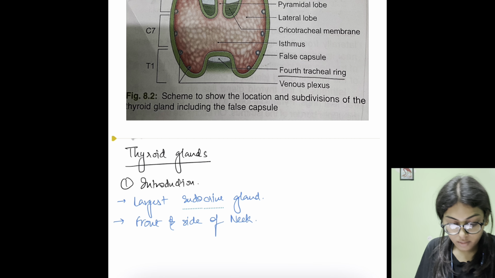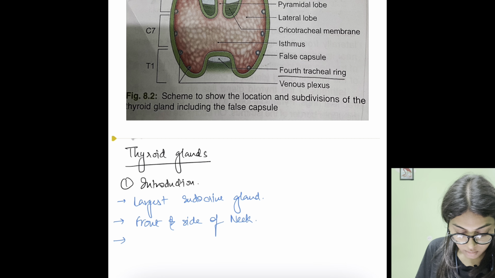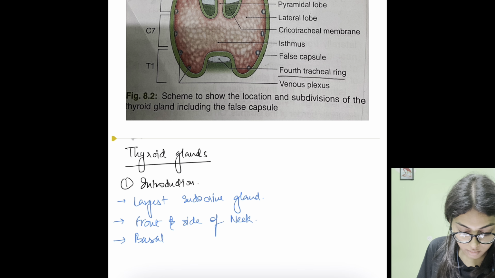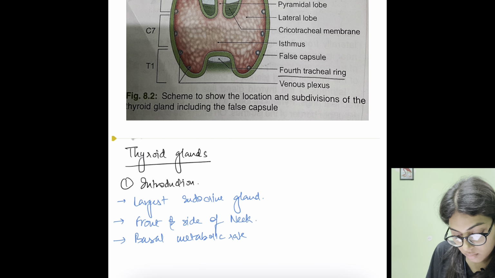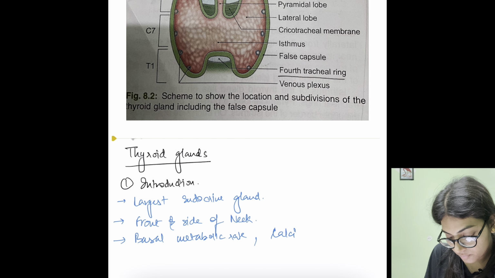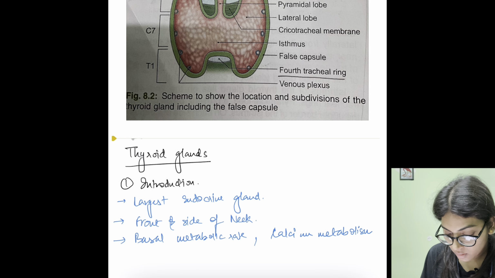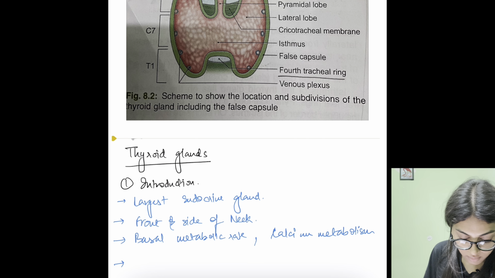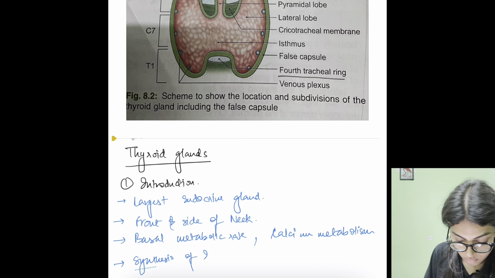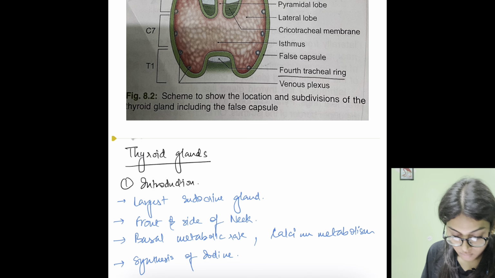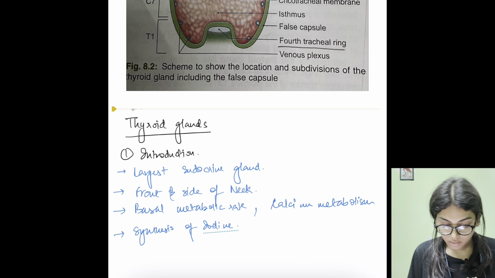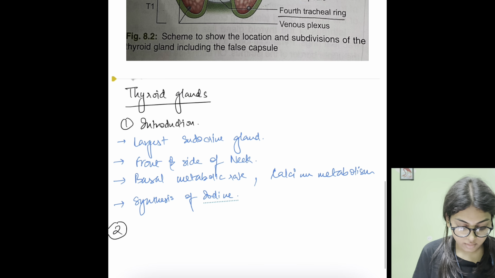Mainly it performs basal metabolic rate and calcium metabolism, and also synthesis of iodine. So this is our introduction, and second we will discuss the extent of thyroid gland.